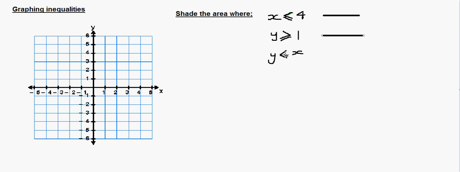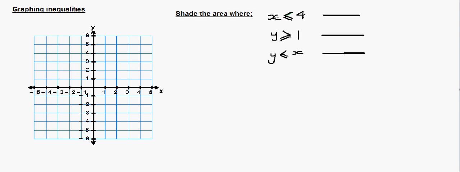And where y is less than or equal to x, this also is going to be a straight line. The reason I do this is because once I've done this, I just look at the lines and know that I've got to put in straight or dotted lines. It just helps me. Okay, so now I can put these lines in.